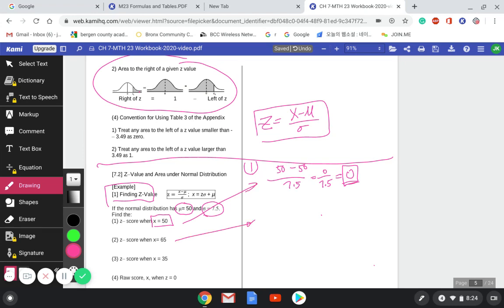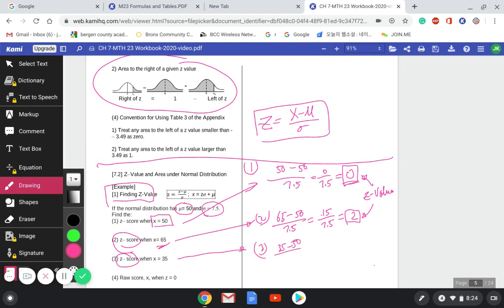Now, how about finding the z-score when x equals 65? Then you do 65 minus 50, which is mu, divided by 7.5, which is 15 divided by 7.5. It ends up as 2. So the z value becomes 2 in number 2. Number 3, find the z value when x equals 35. Then it becomes 35 minus 50 divided by 7.5, which ends up as negative 15 divided by 7.5.